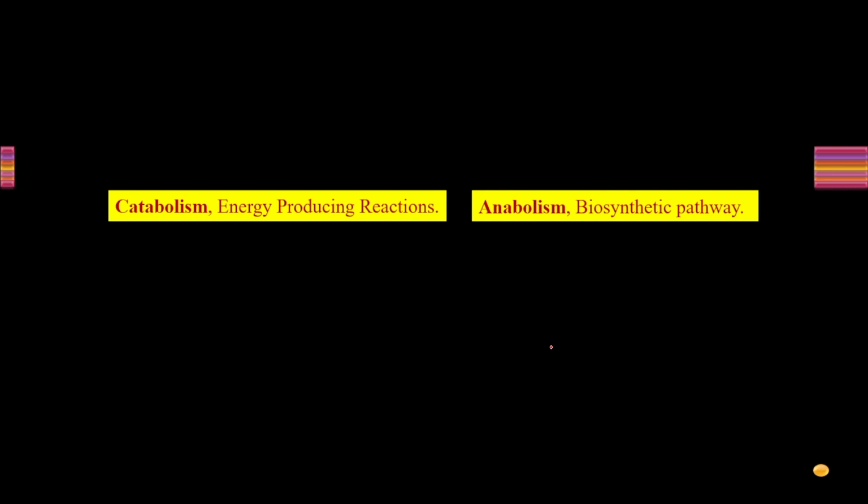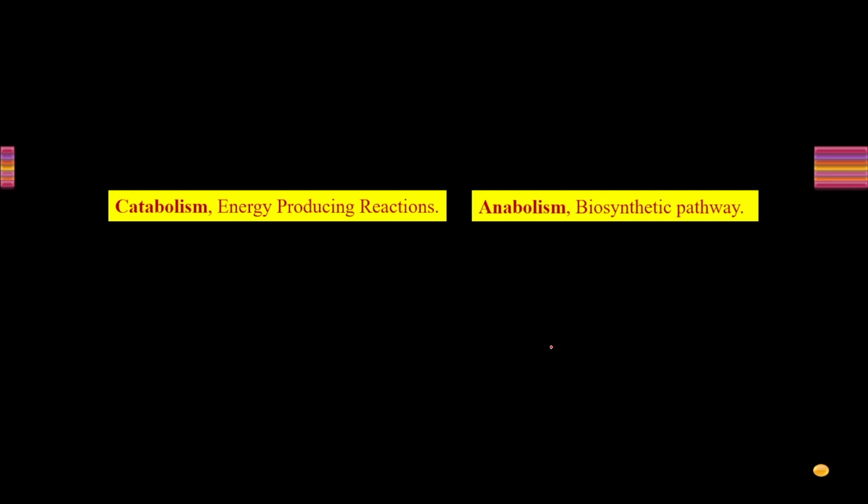And at the end, we have also discussed the anabolic pathways. Anabolic pathways are responsible for the biosynthesis of different types of biomolecules, such as lipid molecules, protein molecules, as well as the amino acids.